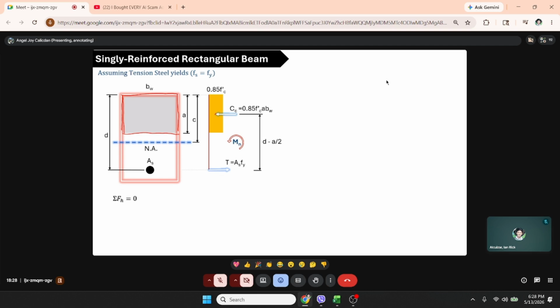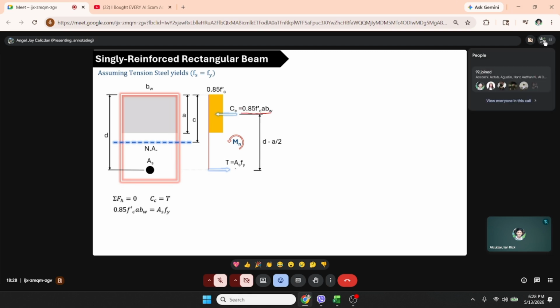which is a counterclockwise moment. So if we take the summation of horizontal forces equal to 0, we have Cc equal to T. And substitute the expressions for Cc and T. And rearranging by isolating a, we get a equals As Fy over 0.85 fc prime bw.